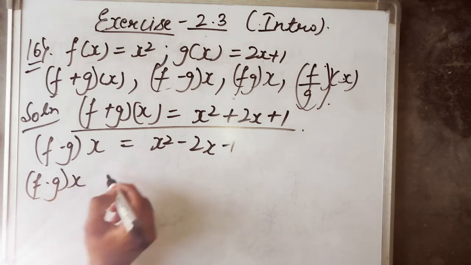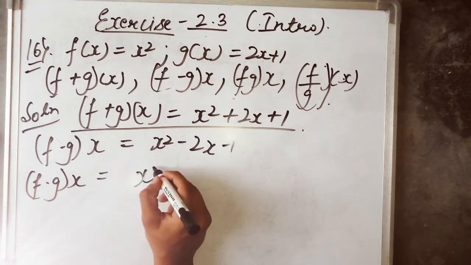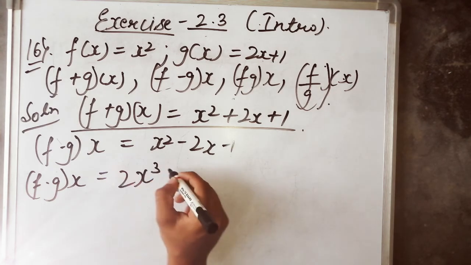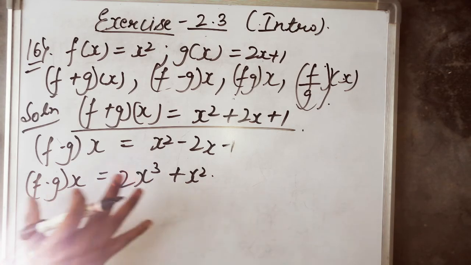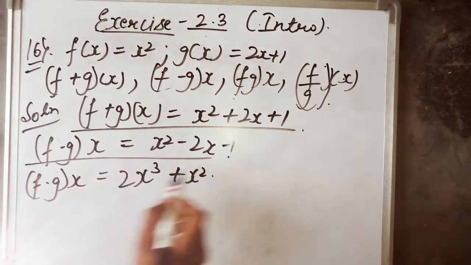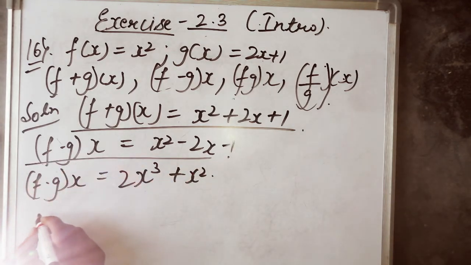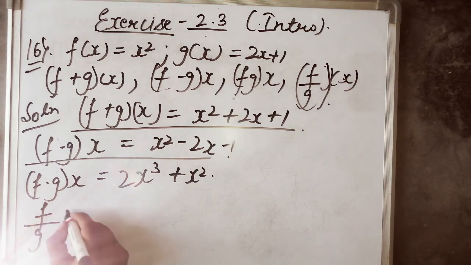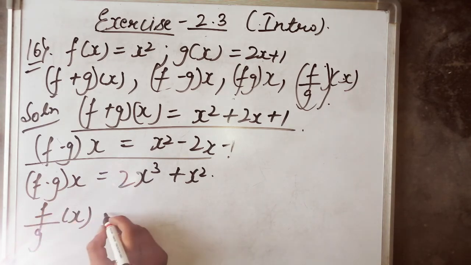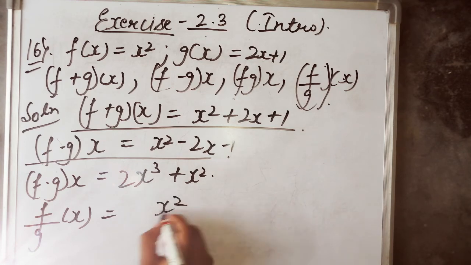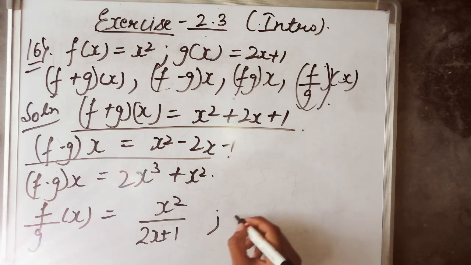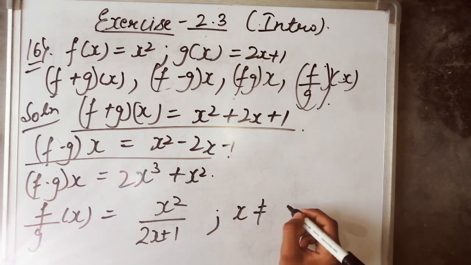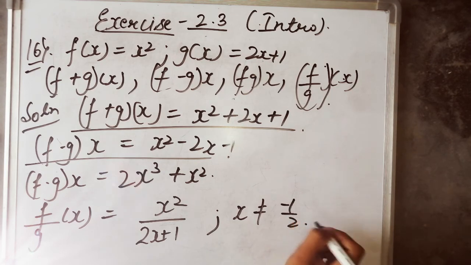Let's talk about the multiplication of these two functions, which will give us 2x cube plus x square. This is what we will get from multiplying these two functions. And when we need to divide these two functions, we will have x square over 2x plus 1, where x is not equal to minus 1 by 2.